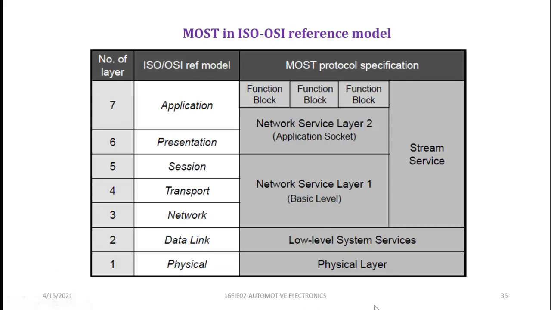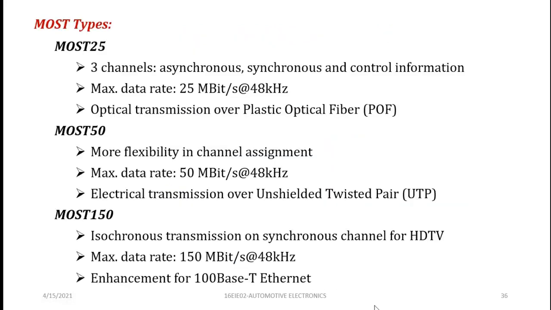Now let's take a look at the different types of MOST. We have MOST25, MOST50, MOST150. The different types are based on the data rate and the channels, and they are also differentiated by the transmission.